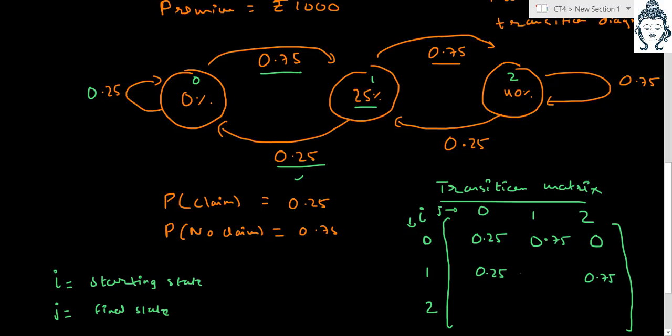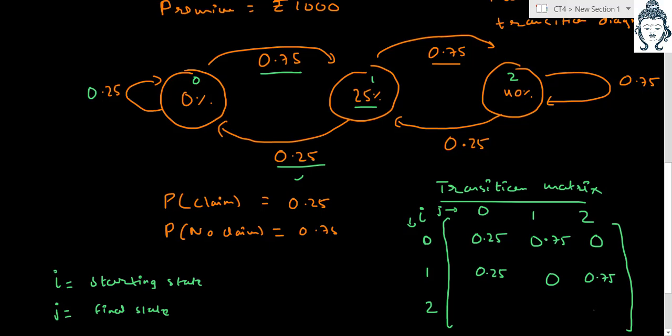So if you are in 1, if you make a claim, you get to 0, the probability is 0.25. And if you do not make a claim, you get to state 2, the probability is 0.75. And if you want to go from 1 to 1, the probability is 0. The reason is it is impossible to stay in 1, right? There is no arrow from 1 back to 1.